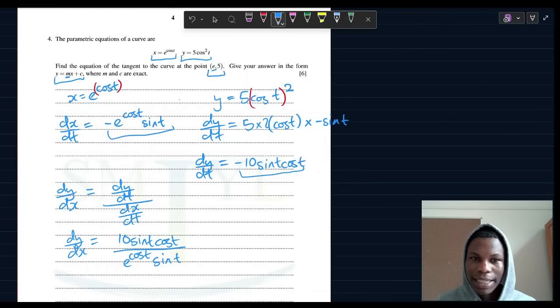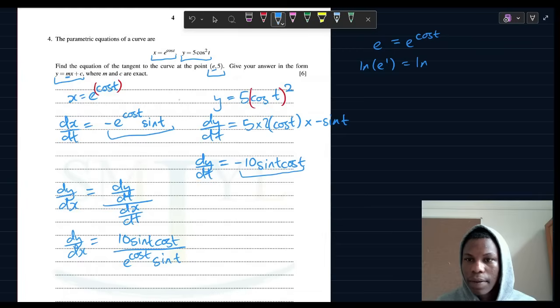So if x is e, then we get that e has to be equal to e to the cosine of t. And we can just take the natural logarithm on both sides. The natural logarithm of e to the 1 is equal to the natural logarithm of e to the cosine t.